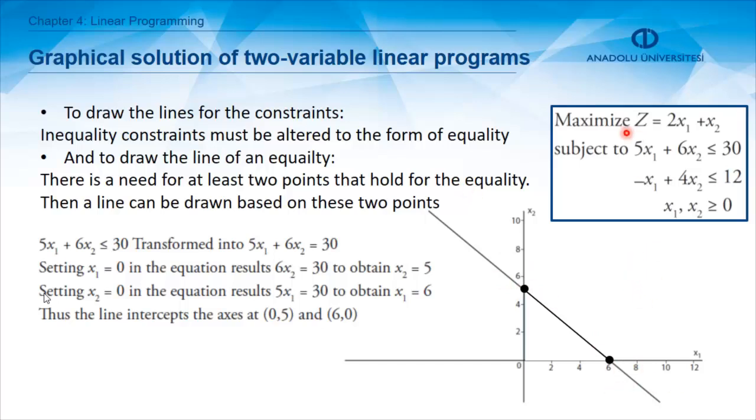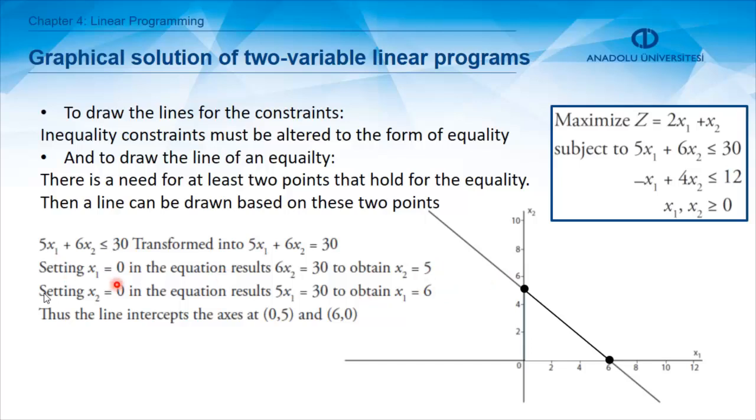Let's draw the line for the first constraint of this linear program. It's an inequality, so we transform it into an equality form, and it's given here. To determine the two points, a convenient way is setting one decision variable to 0 and calculating the other.